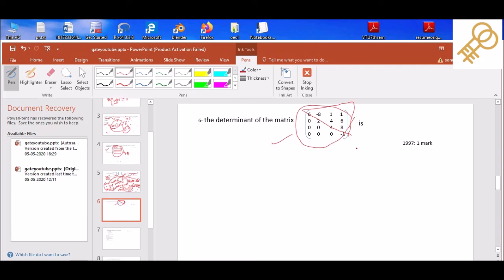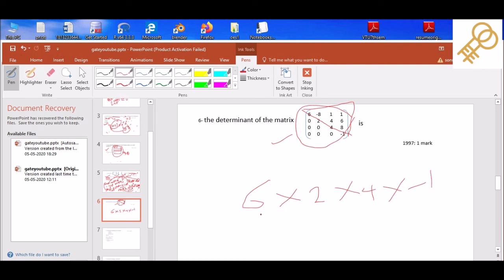In the given question it is an upper triangular matrix. There is one concept to find the determinant of a lower or upper triangular matrix: multiply the diagonal elements. The determinant of an upper or lower triangular matrix is equal to the product of the principal diagonal elements. So the determinant of this matrix will be 6 into 2 into 4 into minus 1.